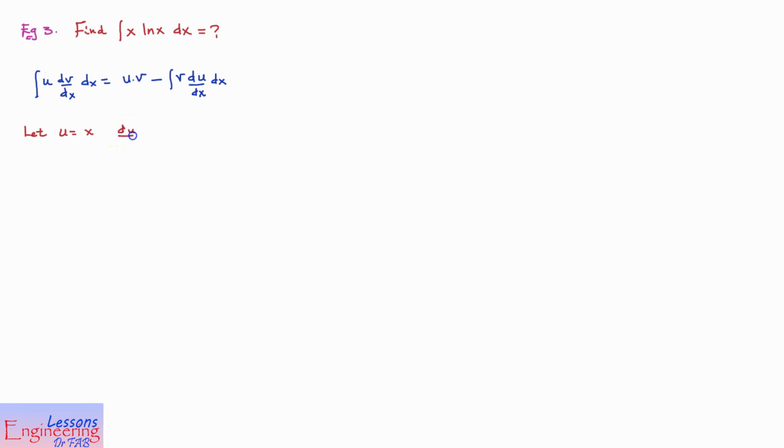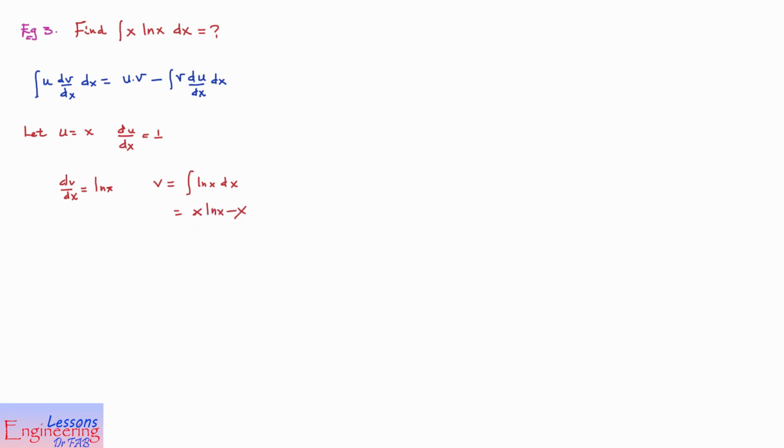Then du by dx is 1, and this will leave us with dv by dx to be ln x. So v is the integral of ln x dx. And in the previous example, example 2, we have seen that this is equivalent to x ln x minus x.